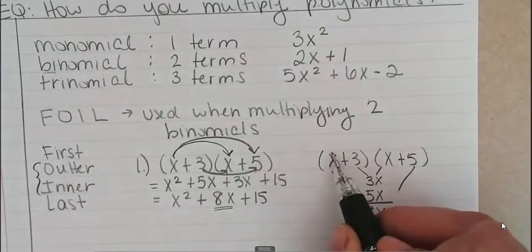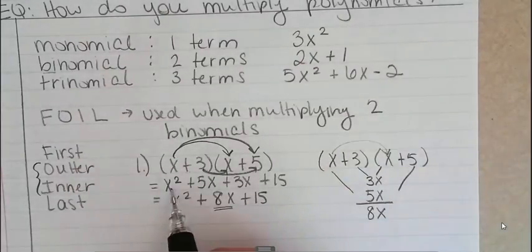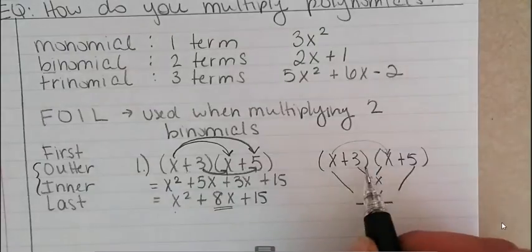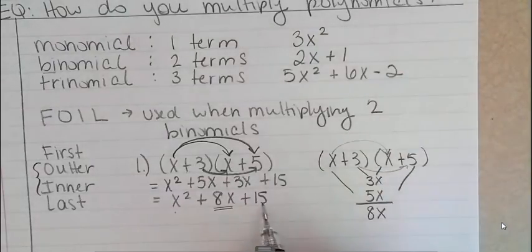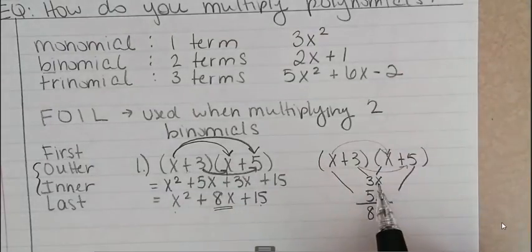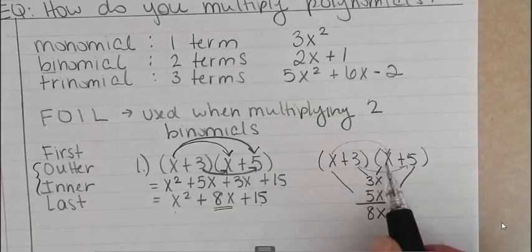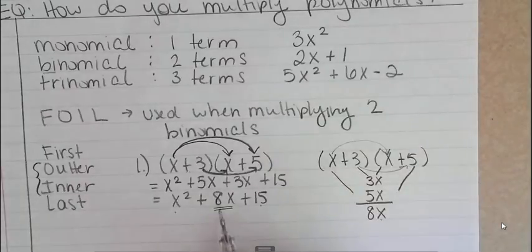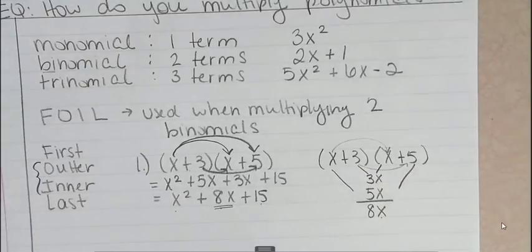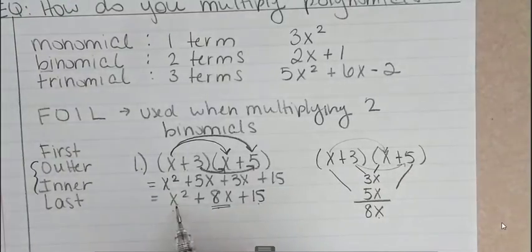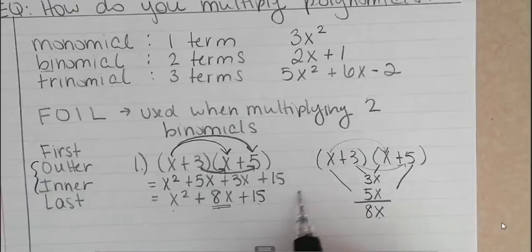My first two terms give me my first term, this x squared, and my last two terms give me that last term. But it's really important to understand that those inners and outers are what give me my middle term. That's why FOIL is valuable, because we're going to take this product, this trinomial, and factor it back into two binomials.